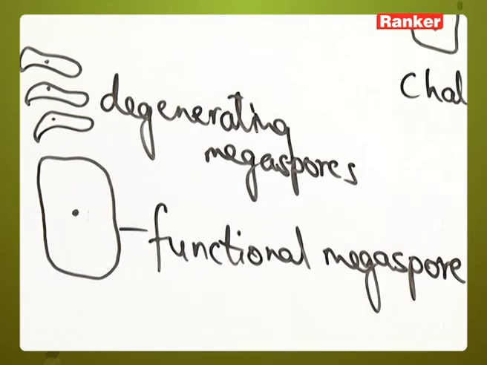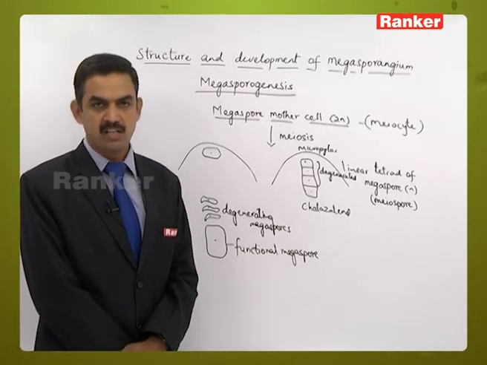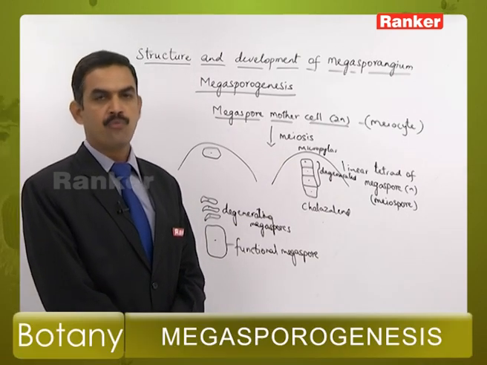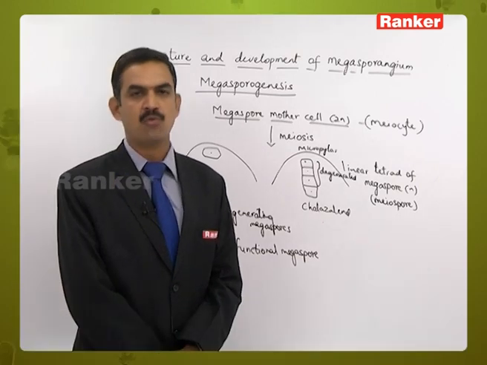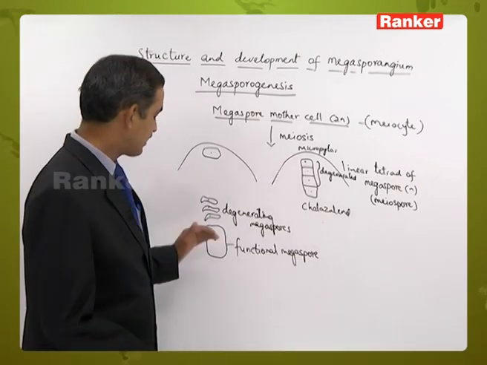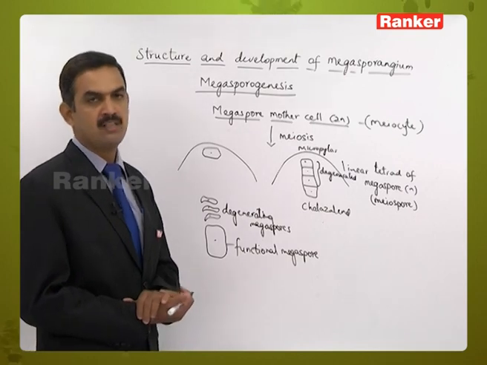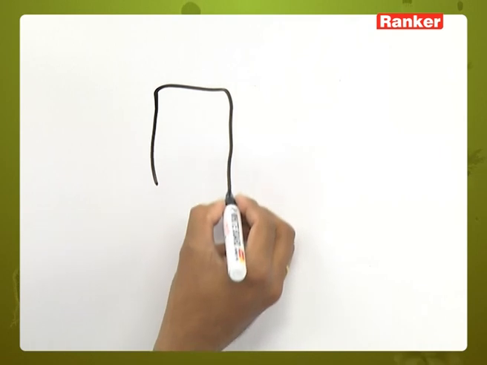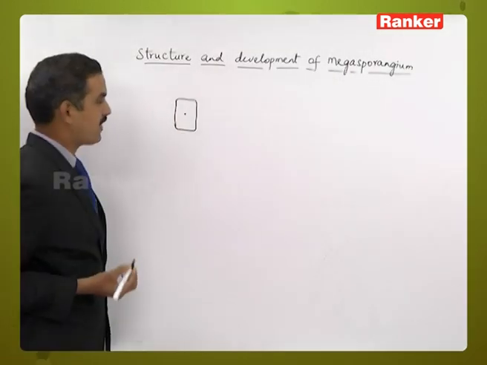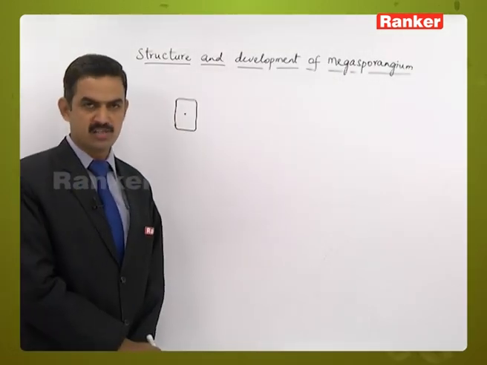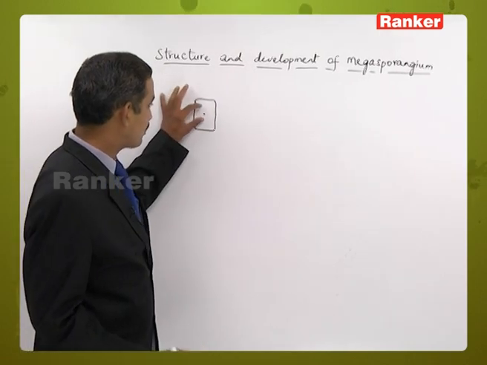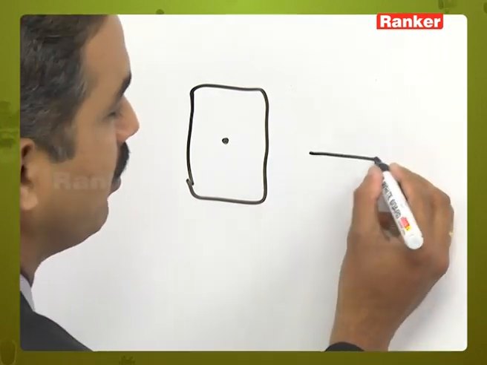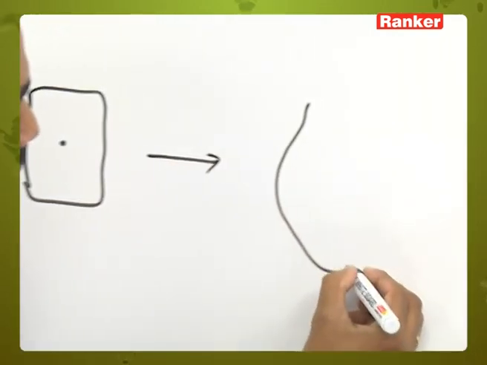Now this functional megaspore will undergo mitosis, particularly free nuclear division, to form an embryo sac or female gametophyte. Let us see how the divisions take place in the functional megaspore. This functional megaspore, which is haploid, has a nucleus which first undergoes mitosis to form two nuclei.